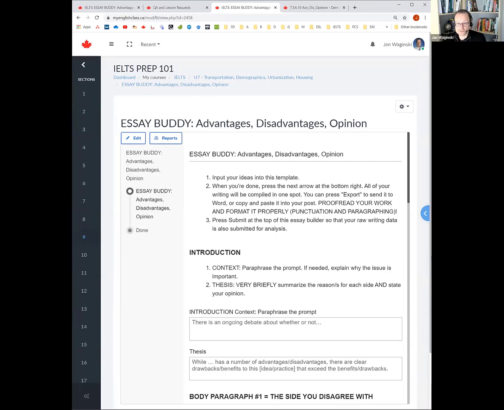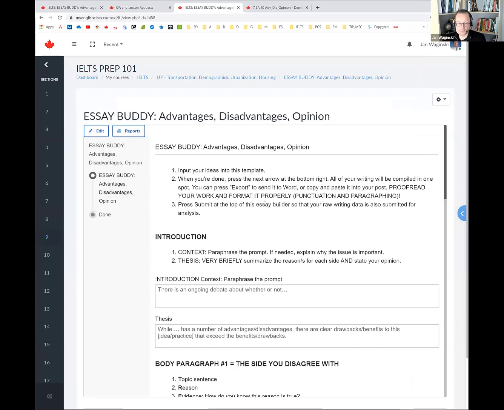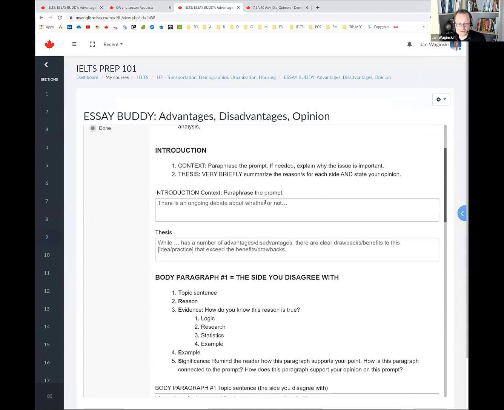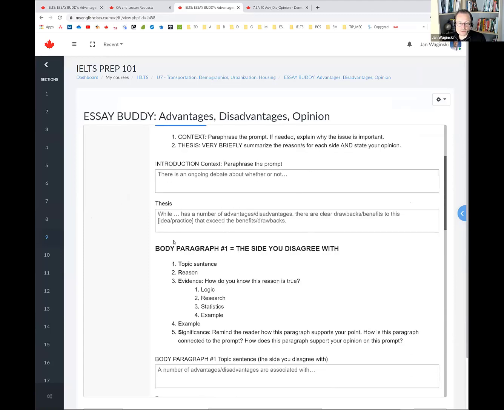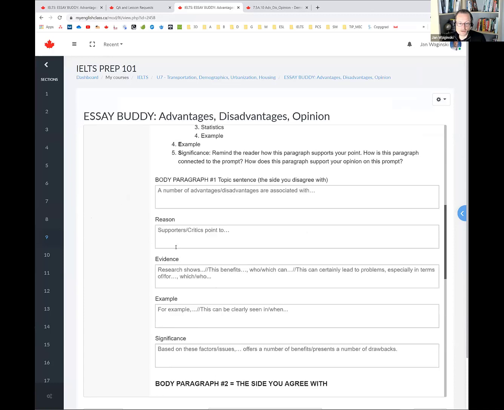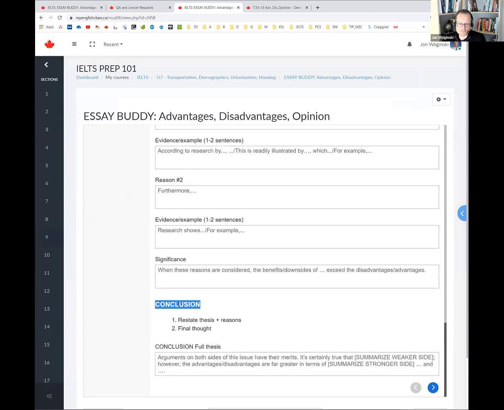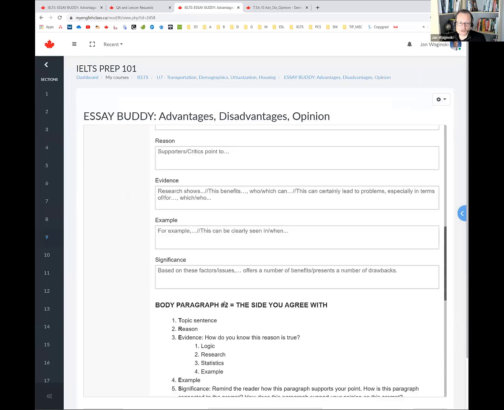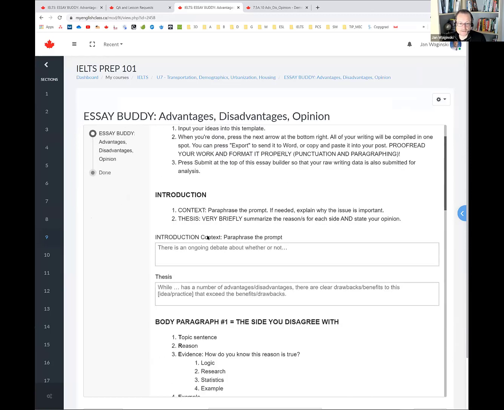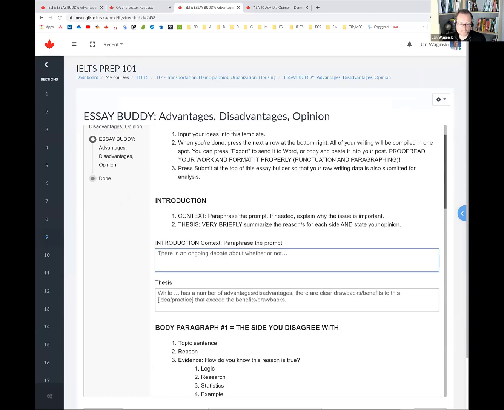I put in this thing I'm just calling Essay Buddy, and this is the same template that we looked at during class, but it's arranged in a very user-friendly way. So you've got your introduction, your body paragraph 1, body paragraph 2, and the conclusion. In each part, you've got separate text boxes for every single part. For the introduction, you can just type in your work here.